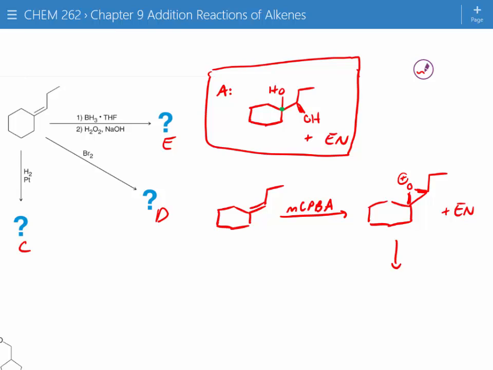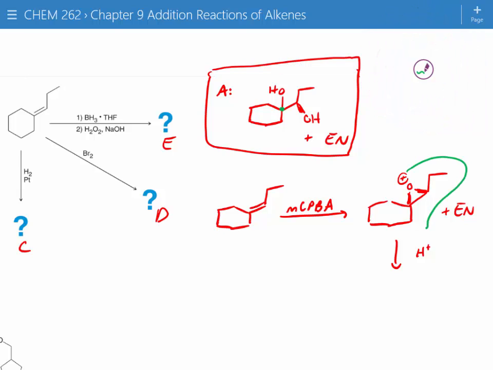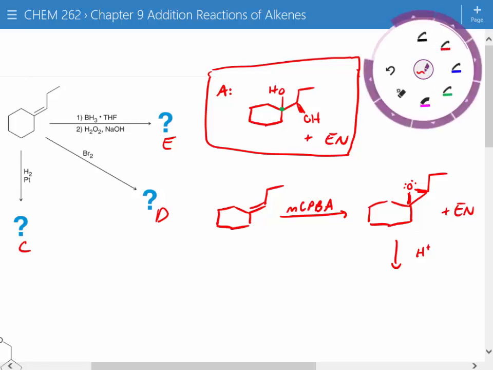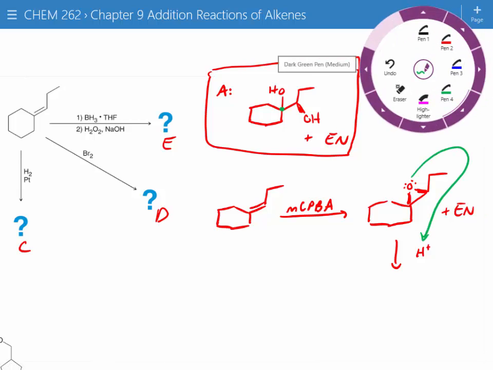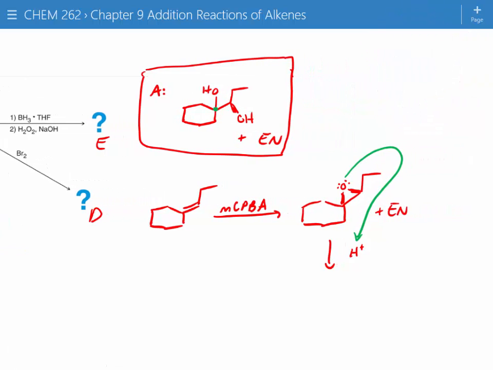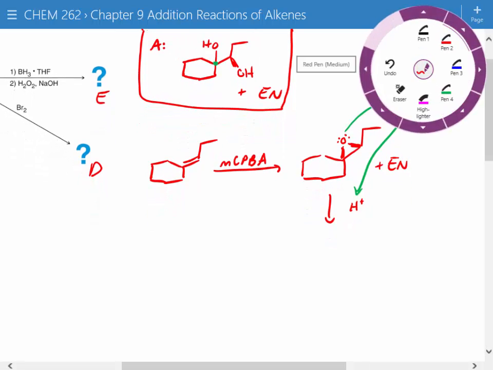Then the next step, we've got our proton. This lone pair on the oxygen can come around and grab this proton. The oxygen was from the MCPBA. It delivered that oxygen in order to form the epoxide, which is the three-membered ring. Once we have that epoxide, we can protonate it.